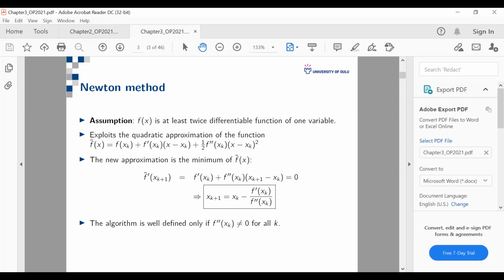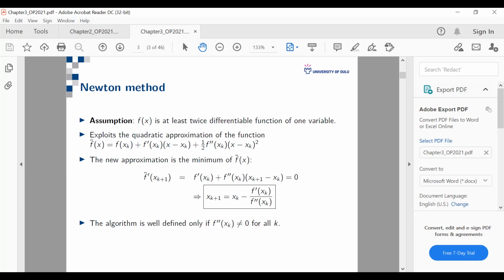Yes, we can. Good. So now we have the case that when we have this twice differentiable function of one variable, we exploit the quadratic approximation of the function. So once again, the Taylor formula.